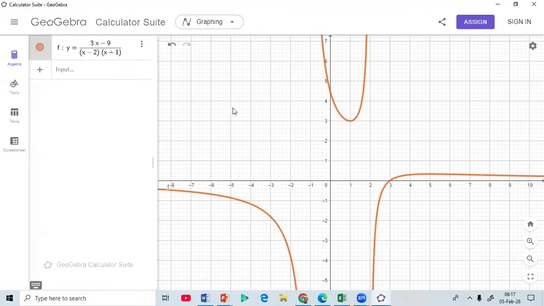I know it is a bit faint, but I want you to note something. Can you first try? What do you think our domain, sorry, I want the range, is going to be?